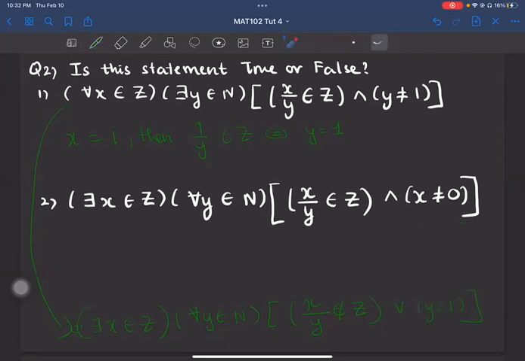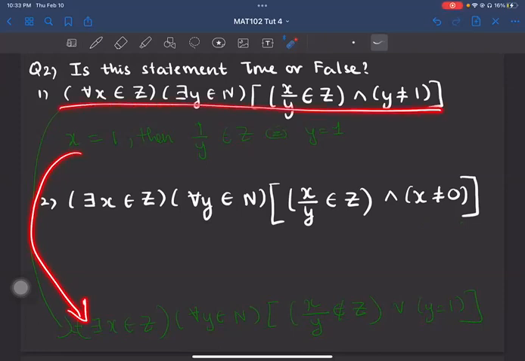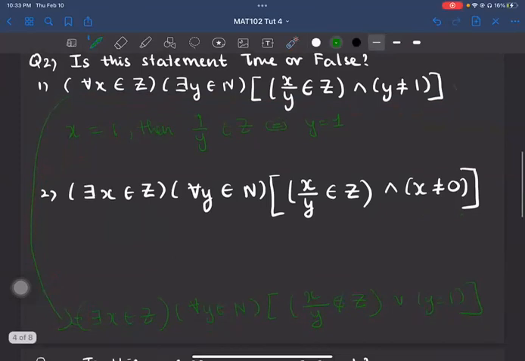Which means there is an x such that x over y is not an integer unless y equals 1. Then this one here proves this statement, which means it proves the negation of the original statement, which means it disproves the original statement. So this one is false.